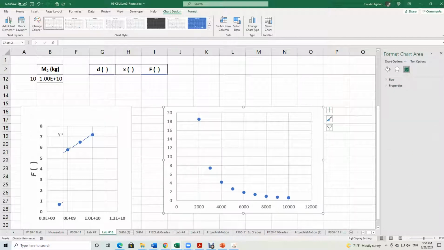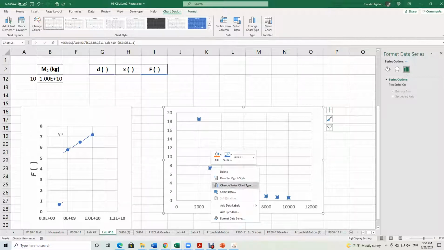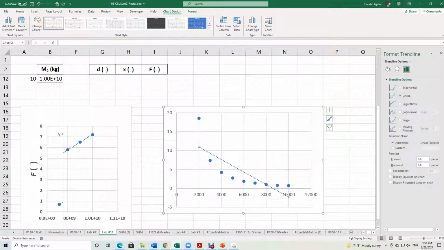Here you go. We start with the graph. You got that, right? Yes. You have it right now. Don't forget to put the labels, the force and the distance. Click on the data points. Everything should be highlighted. Right click, add trend line. Remember? Do you see a straight line here?